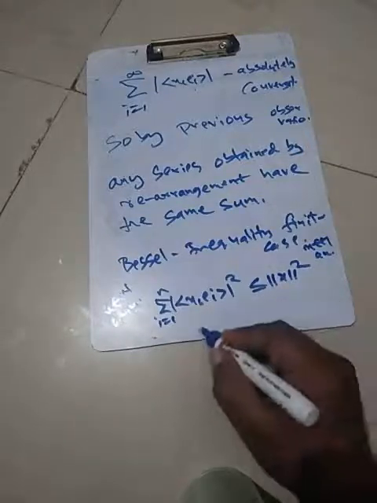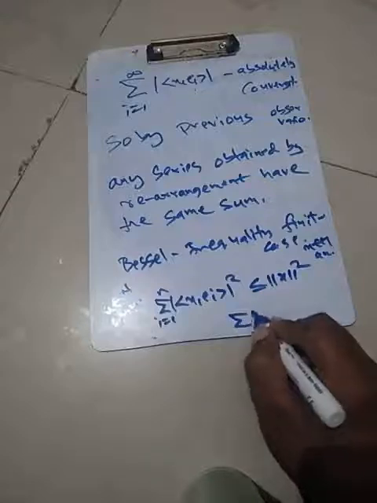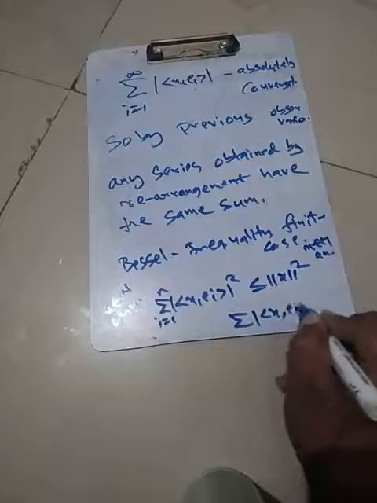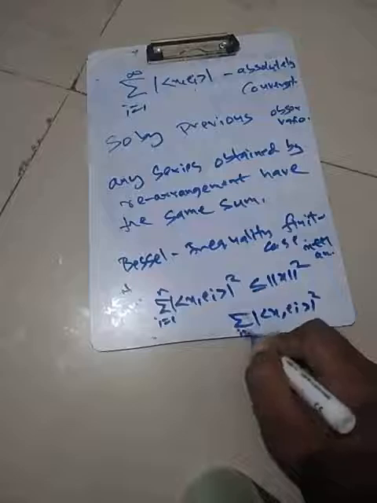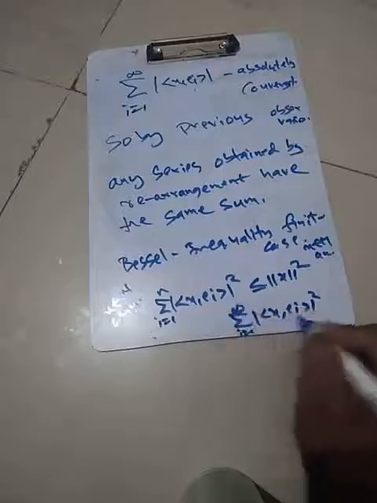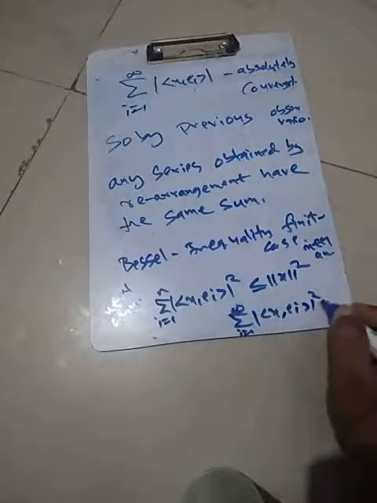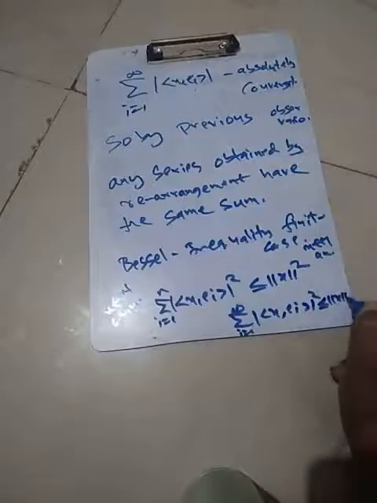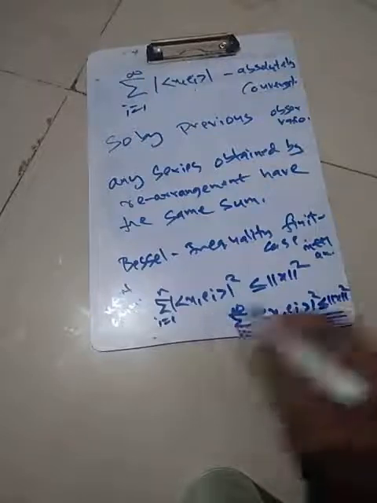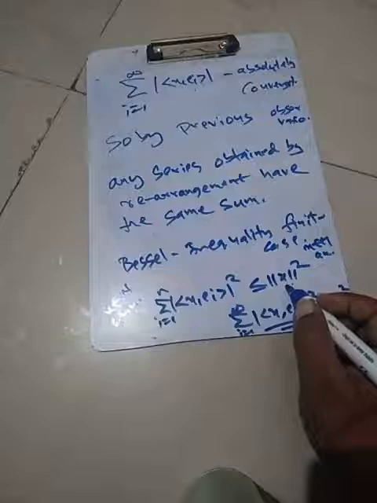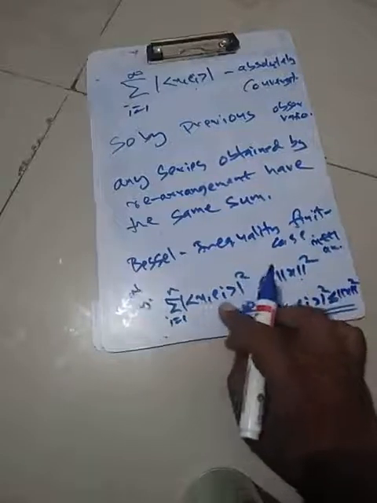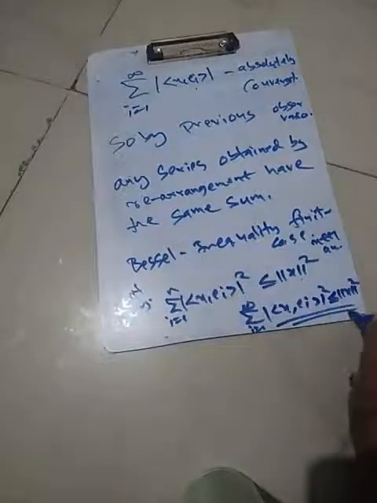Then this clearly implies that this summation, for all possible rearrangements of this series, is bounded by the norm of x squared. Take the limit; the right-hand side is independent of that. That proves the generalized Bessel inequality.